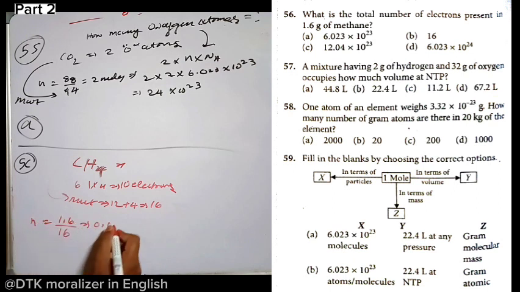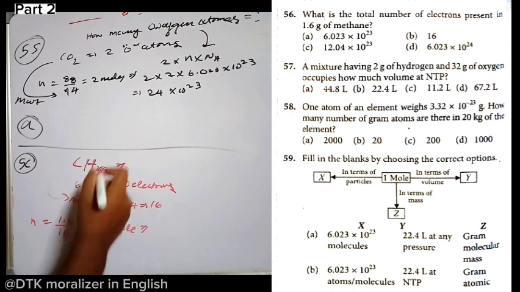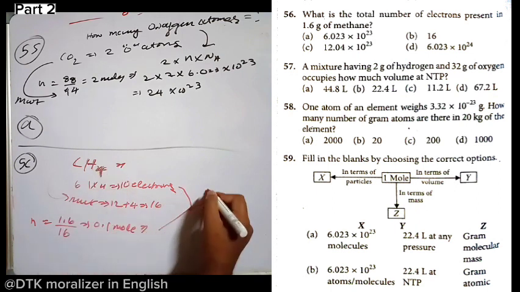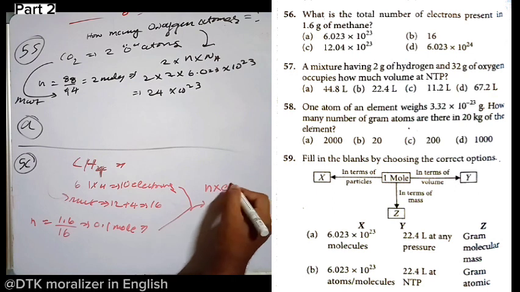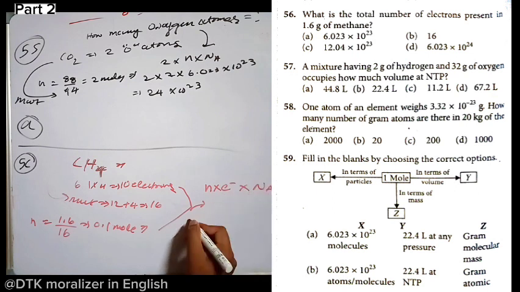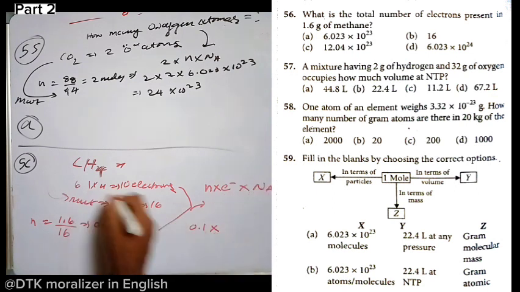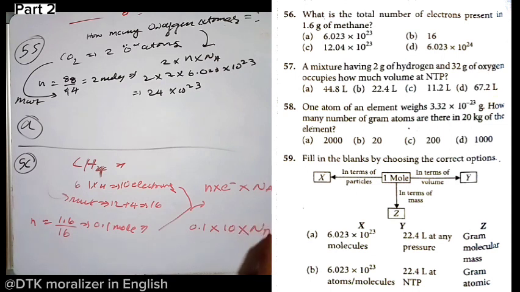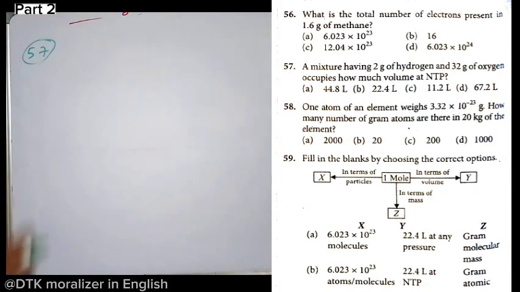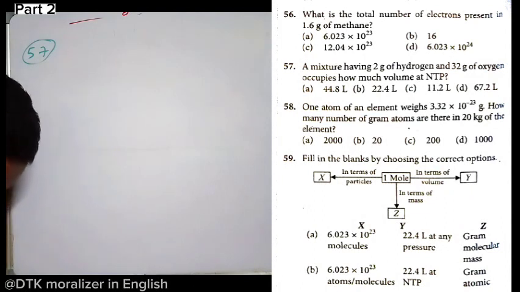Molecular weight of CH4 is 12 plus 4, 16. So we find the number of moles: 1.6 by 16 is equal to 0.1 mole. N into electrons into Na gives the total electrons present in that molecule. So here Na electrons are present. So option A is right.